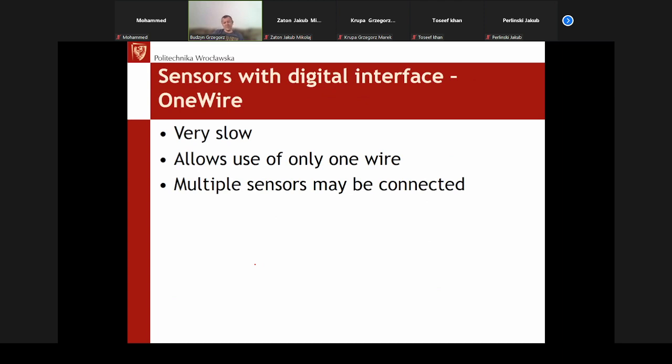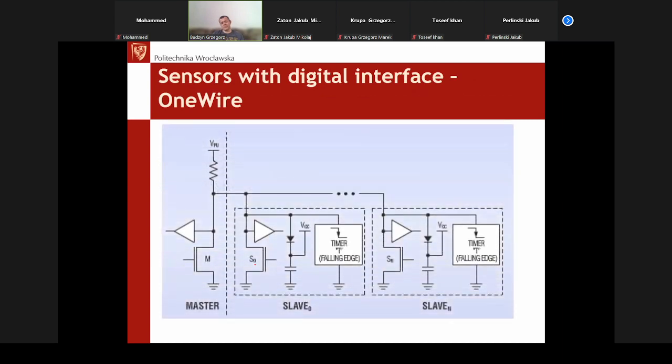More often, to be honest, in case of sensors the connection is one wire. One wire because it's slow, it's problematic, but it's just a single wire. If we are sparing on pins and I2C is too abundant for us, then one wire could be a solution. So multiple sensors connected over a single wire, very slow connection, problematic to program.